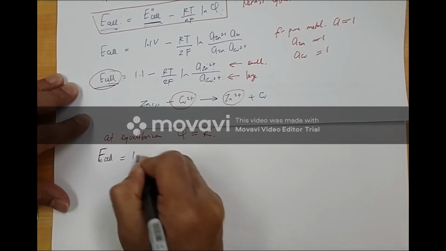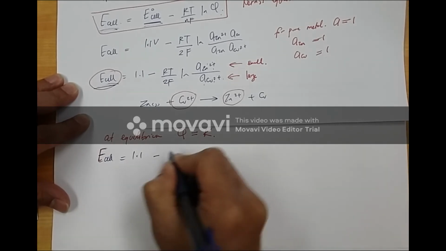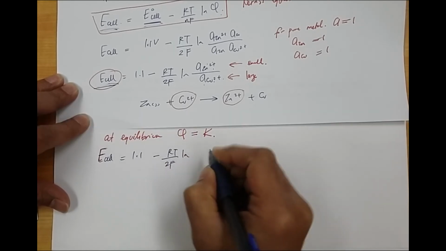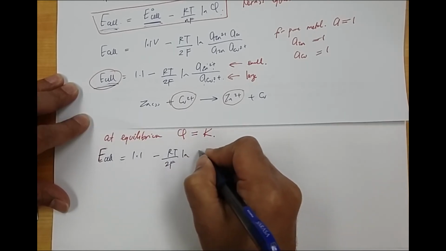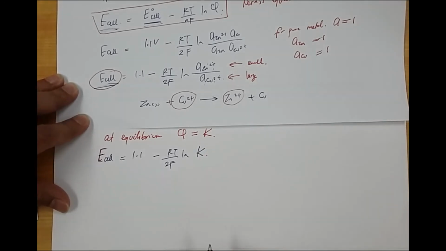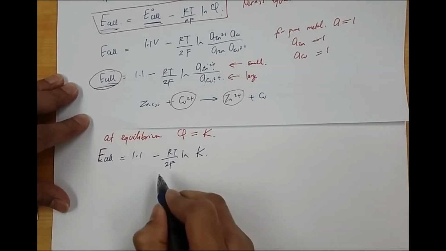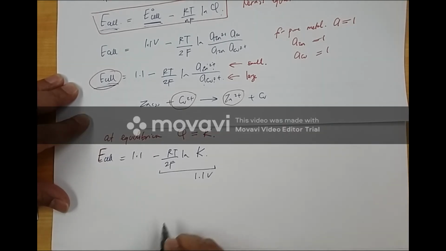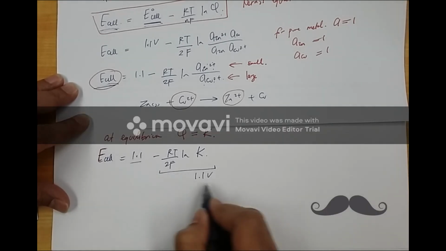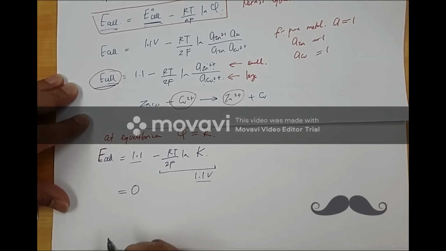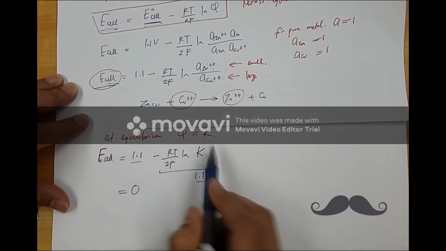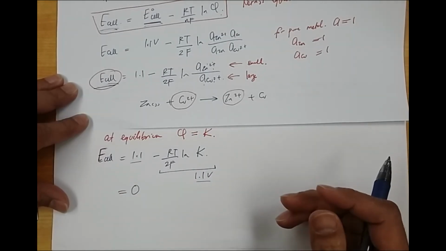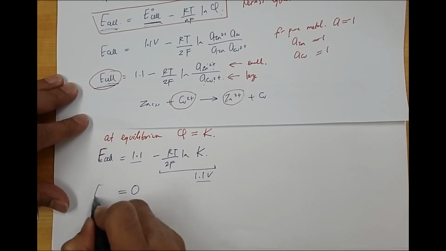E cell would be 1.1 minus RT over 2F ln K. If you calculate this, the term will give you 1.1 volt. So 1.1 volt minus 1.1 volt, then the E cell would be 0. It makes sense, because at equilibrium there is no more net driving force, so the E cell will be 0.